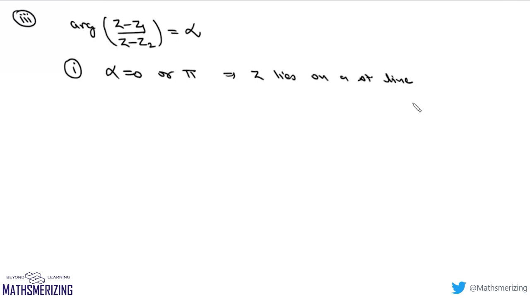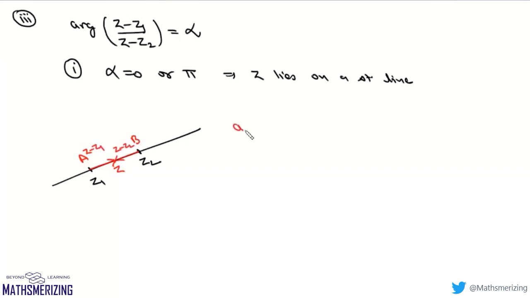Now if we examine it more closely, then suppose we have 2 points, say Z1 and Z2, and we take this point in between this line segment AB, then angle between this vector which is Z minus Z1 and this vector which is Z minus Z2 will be pi.